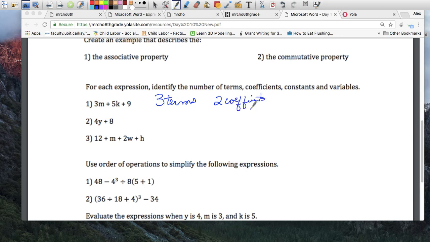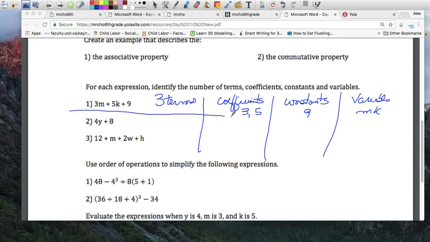The coefficient is the number in front of the variable, a 3 and a 5. The constant is the 9, and the variables are the m and the k.